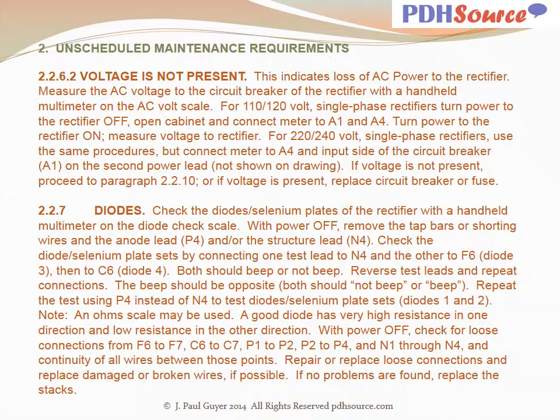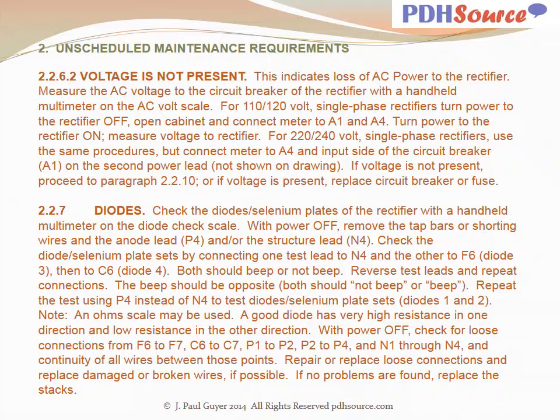Turn the power to the rectifier on and measure the voltage to the rectifier. For 220, 240 volt single phase rectifiers, use the same procedures, but connect the meter to A4 and the input side of the circuit breaker A1 on the second power lead, which is not shown on the drawing. If voltage is not present, proceed to paragraph 2210, or if voltage is present, replace the circuit breaker or fuse.